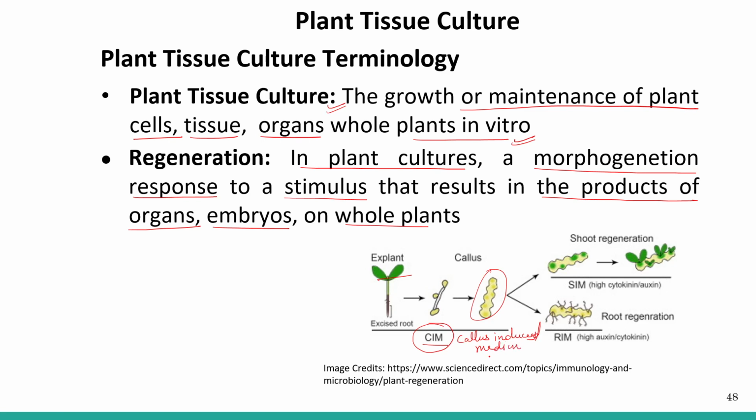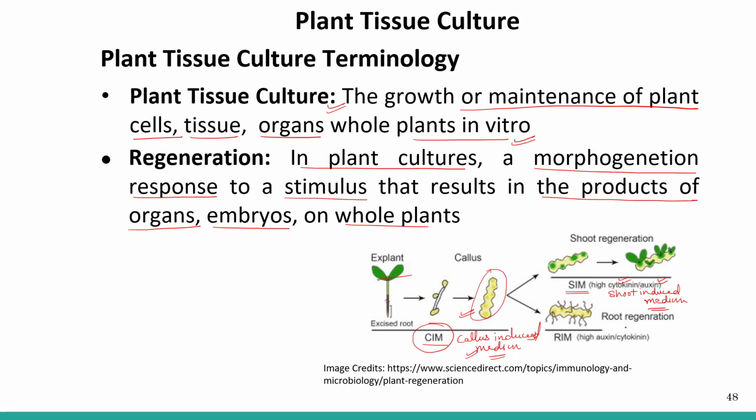It means that we require a particular medium that can produce callus. Now this callus is transferred to another type of medium for shoot regeneration, that is shoot-induced medium. It requires a shoot-induced medium having high cytokinin and auxin, right?